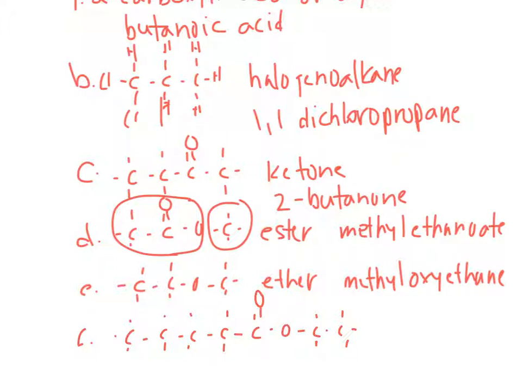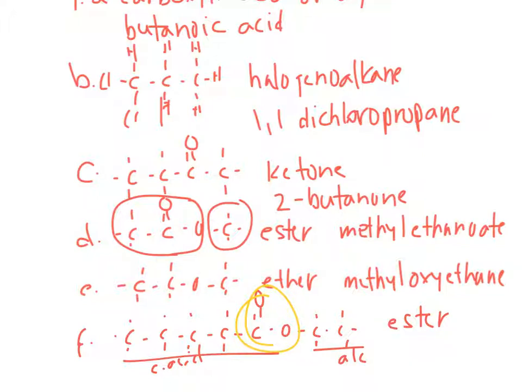So what I have to first identify is what is this functional group in the center here. It looks like a carboxylic acid, but when it's in the center, it means a carboxylic acid and an alcohol got together. So this is my alcohol end, and then this end is my carboxylic acid end. So together, these are making up an ester, just like letter D. And when I name it, I name my alcohol group first.